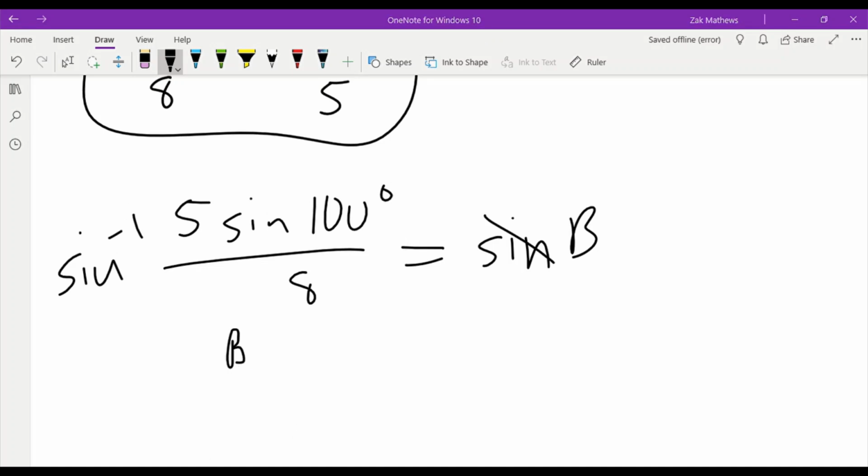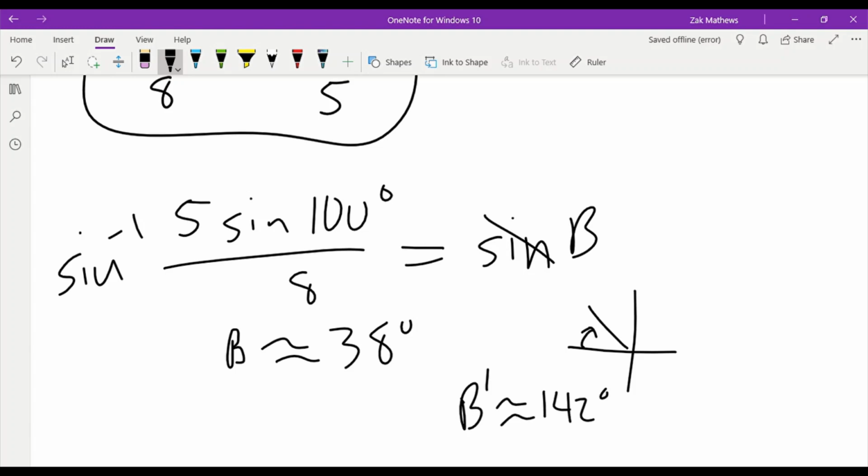When we solve that for B, we get approximately 38 degrees, just ballparking here. But then the question would be, was it really supposed to be 38 degrees, or did the calculator just give me the one that was in the 1st quadrant? Sine is also positive in the 2nd quadrant, so what if I took that 38 and put it into the 2nd quadrant? Well, I'd have approximately 142, call it B prime.